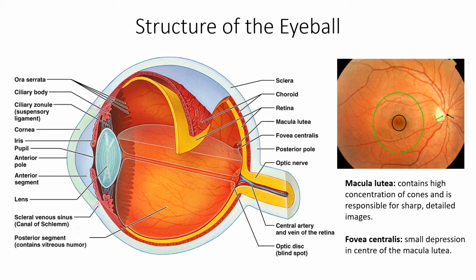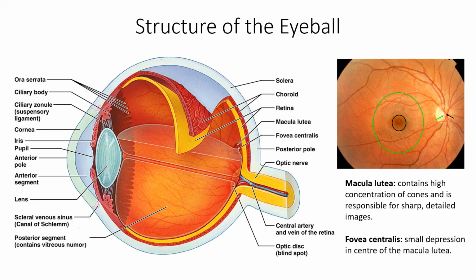Looking at other layers of the eye, we've got, again, the sclera, which is part of the fibrous tunic. We've got the choroid, which is the vascular tunic, and then we've got the retina, which comprises part of the neural tunic, the innermost layer. Note that the retina, shown in yellow here, is continuous with the optic nerve.